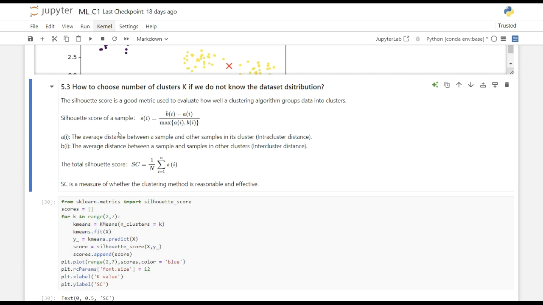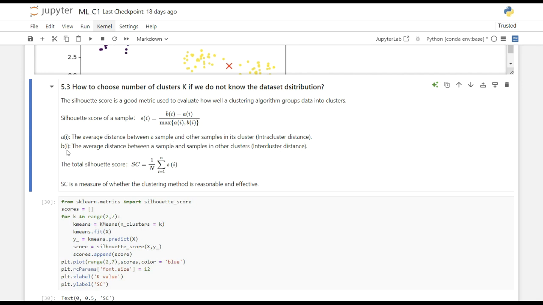So ai in here means the average distance between the sample and the other samples in its cluster. We also call it intra-cluster distance. And bi means the average distance between a sample and the samples in other clusters. It's called the inter-cluster distance.